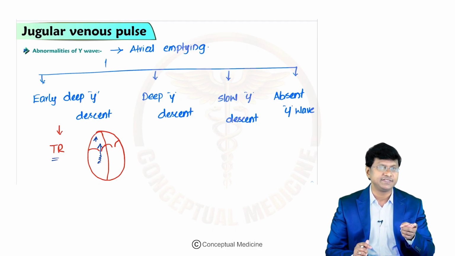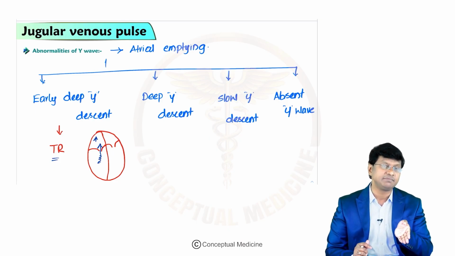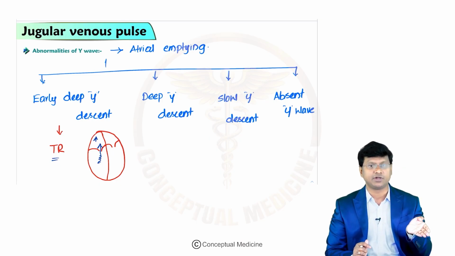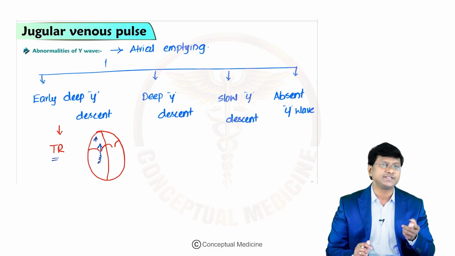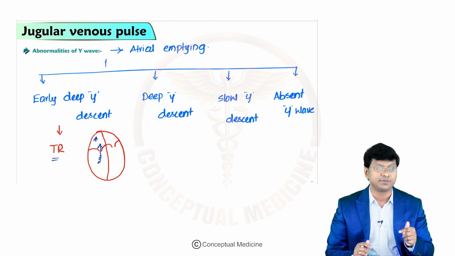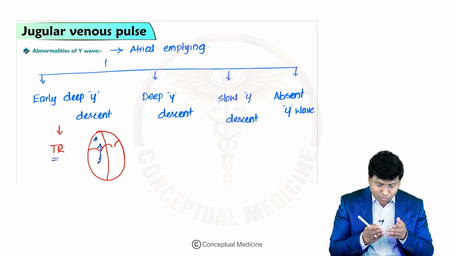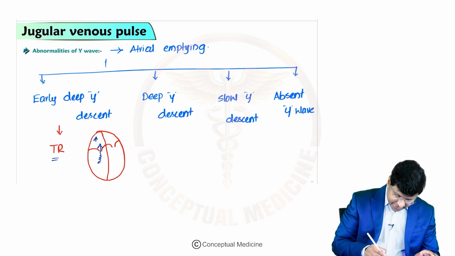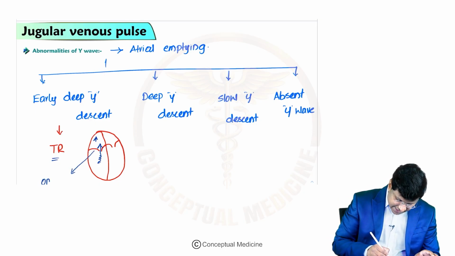Normally when SVC and IVC blood enters into the right atrium, there is a pressure rise. But here the regurgitant blood also has entered. So the pressure rise within the right atrium is earlier than the normal time. When that happens, what will happen? The tricuspid valve opens early.